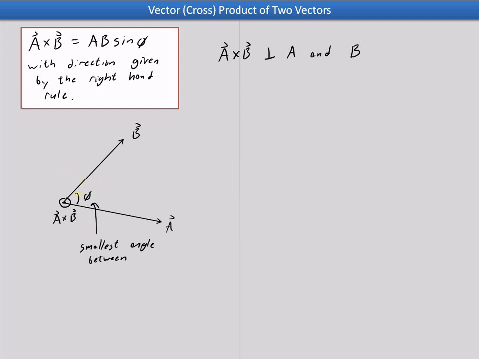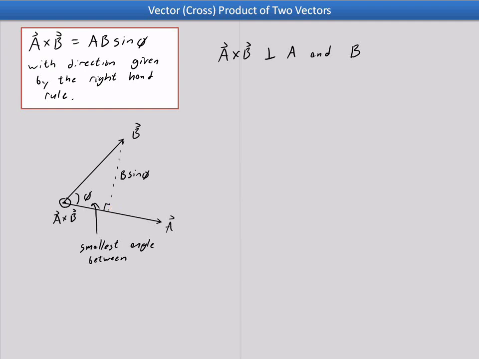All right, well, what would sine do here? If we do the same kind of trick that we did last time, if we drop down a line perpendicular to vector A, then the length of that dashed line is equal to B times the sine of phi. In other words, this gives you the magnitude of A times the magnitude of the part of B that's perpendicular. So this looks for the perpendicular part between the two vectors and multiplies them.